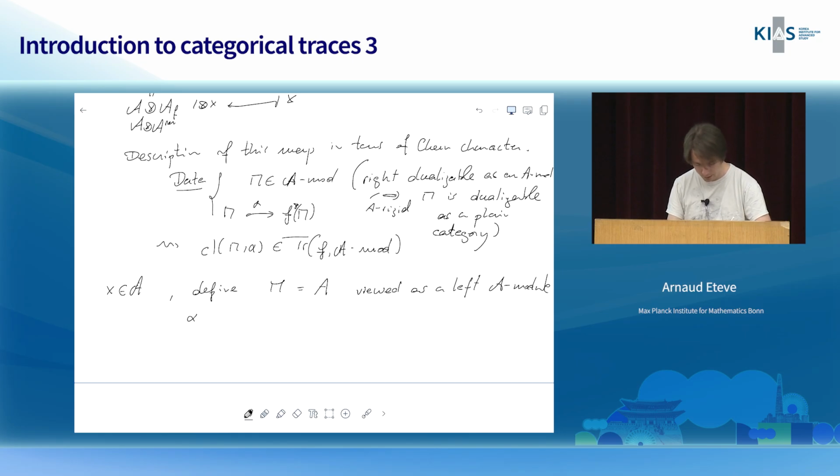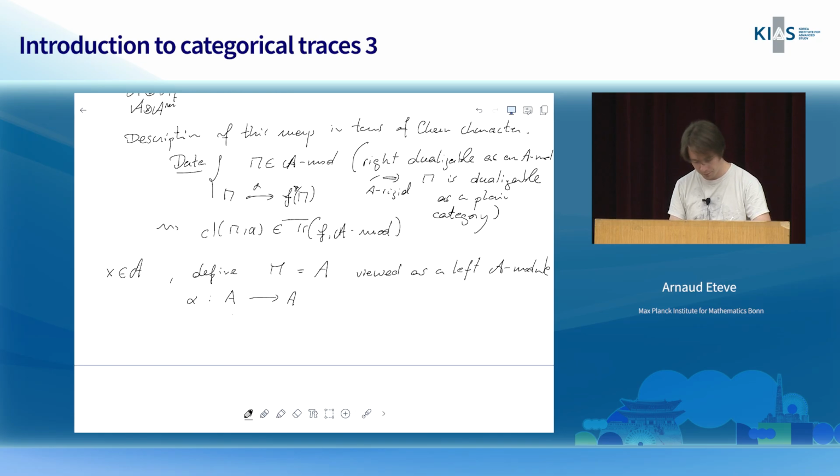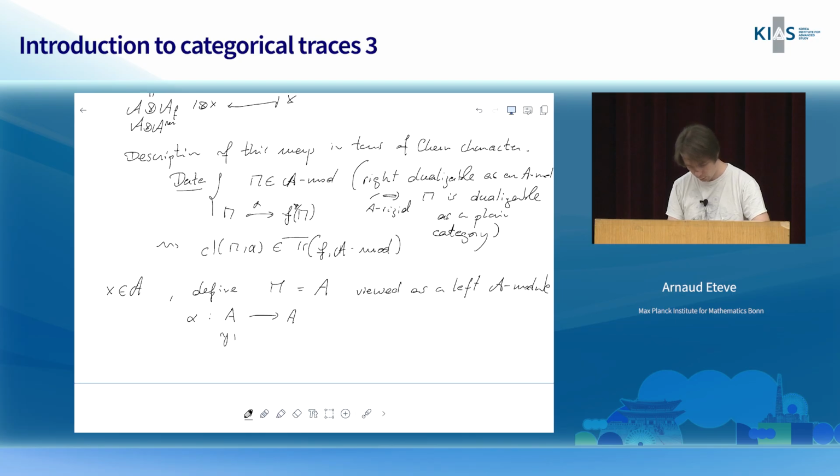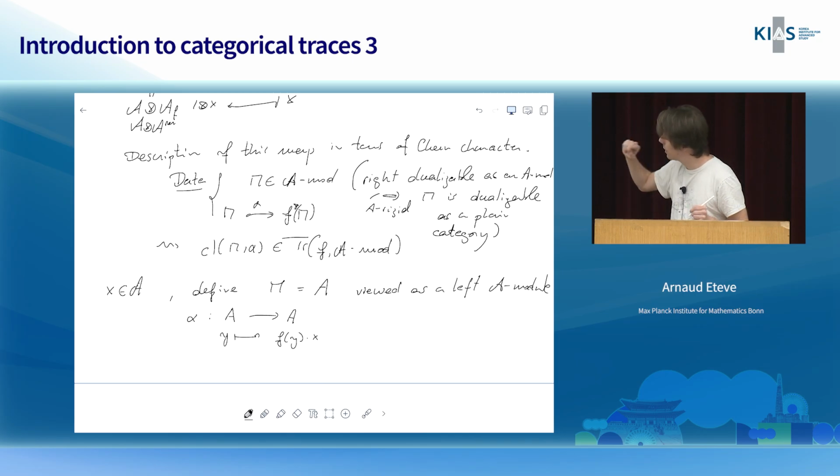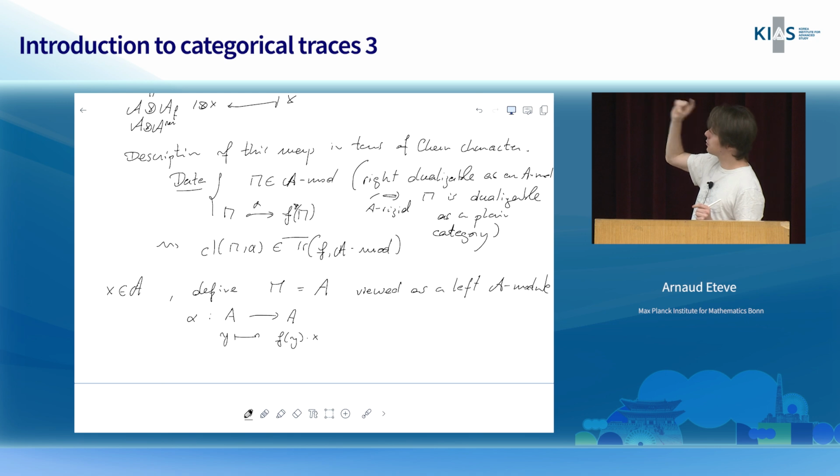And we can define the map alpha from A to A to be the morphism which sends Y to F of Y times X, where you multiply on the right. And so that thing is a morphism of left A modules.